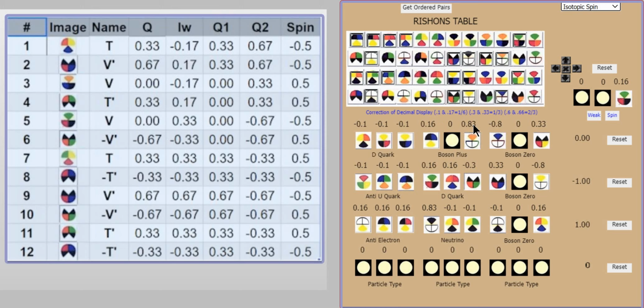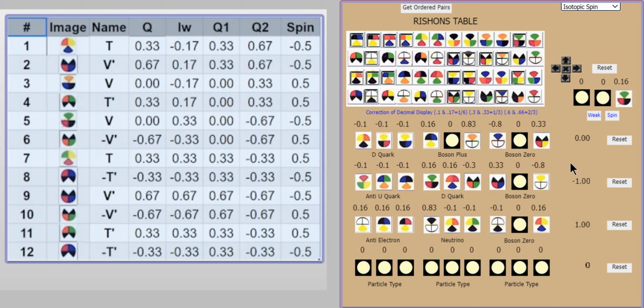And then over here we have a plus 1, and so that sums to 0. And then we have, for the anti-electron and the neutrino, a plus 1/2 and a plus 1/2, which gives us plus 1.